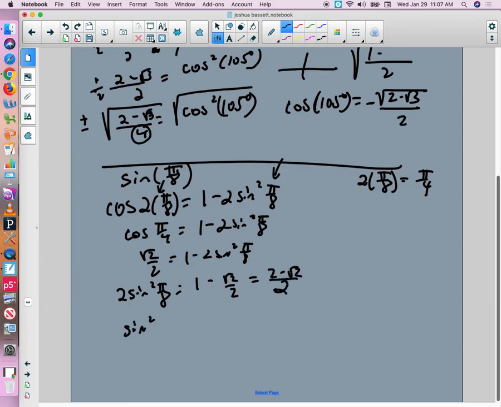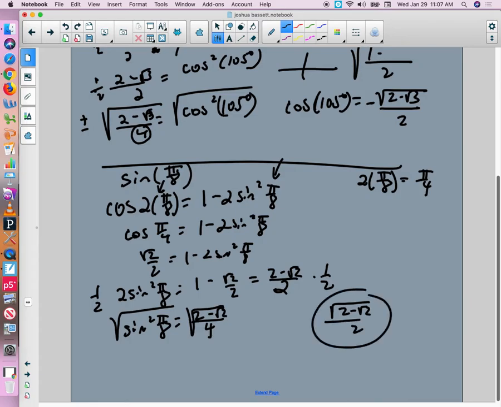And you get sine squared pi over 8 equals 2 minus root 2 over 4. Is that okay? If I multiply this by 1/2, a square root. Pi over 8 is definitely in the first quadrant. And so I would get the positive answer. That would be the sine of pi over 8.